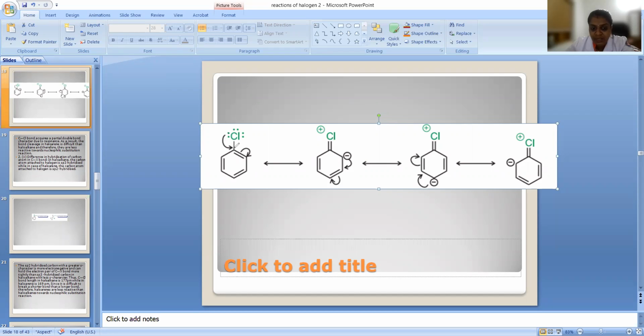When the lone pair of electrons is going from here, it will get a positive charge, and because this electron is shifting to this carbon atom, it will get a negative charge, and this process will continue. This is shifting to the bond, and this is shifting to the atom, and again this is shifting to the bond, and this is shifting to the atom. Like that we will get different resonance structures for this.